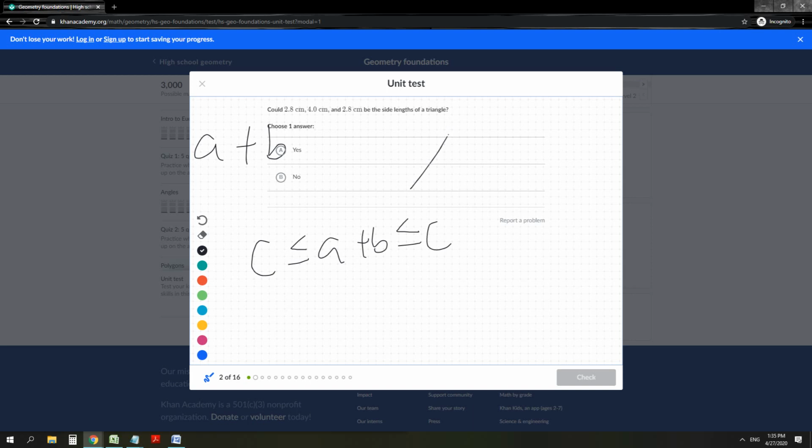It sometimes complains about stuff. Okay, that's stupid. It won't write in the answers. I figured that out the other day. They're saying this is 2.8, 2.8, and 4. Well, 2.8 plus 2.8. Oh, sorry, this is wrong. Just look at this. Ignore that for a second.